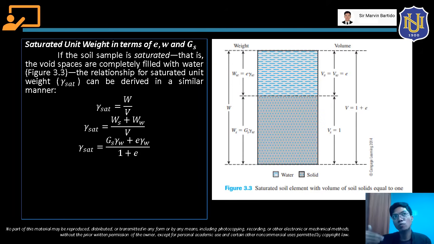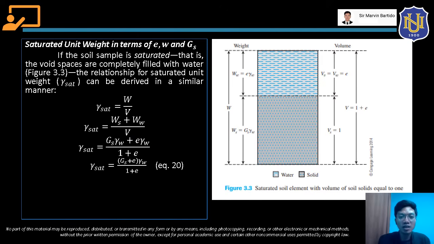Eh, di ba yung volume ng water ay E? So kung kukunin natin yung weight ng water, that will just be unit weight ng water, tas cross-multiply mo, times yung volume ng water, which is E. So, therefore, weight ng water ay equal sa gamma water times E. Kaya siya naging E times gamma water dito.